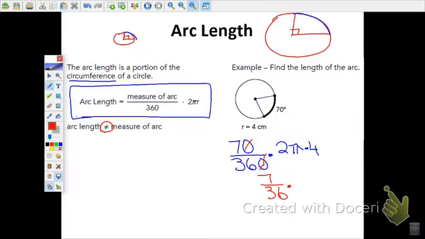When I find my circumference, 2 times 4 is 8, so I have 8 pi, which as a fraction is over 1. Then I need to multiply those pieces together, or I could simplify first. What number goes into both 8 and 36? 4.